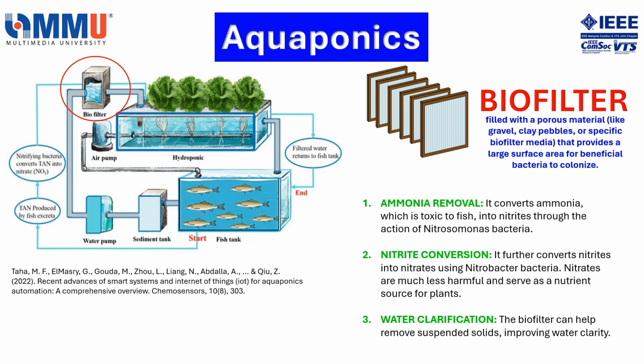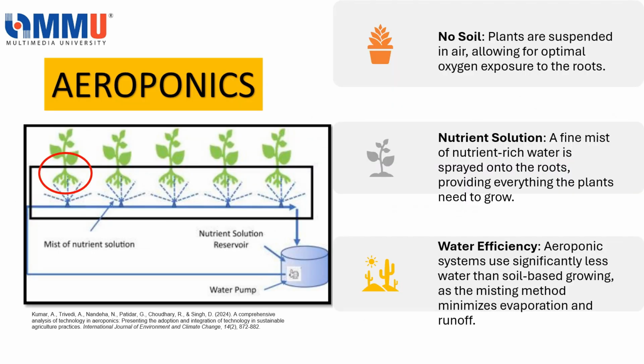These bacteria, the Nitrosomonas bacteria and the Nitrobacter bacteria, are used to convert ammonia from the fish waste into nitrites and nitrates, which can then be easily absorbed by the plants as fertilizer. The biofilter also works as a water clarification system to remove suspended solids and improve water clarity, thus allowing the fish to grow healthily.